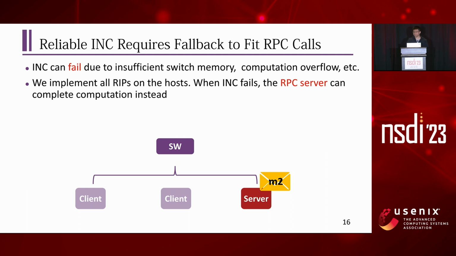For the fallback mechanism, we implement all these primitives on the host so that the server can work instead of the switch, and users have no sense of the INC failures, and the RPC calls can always succeed eventually.